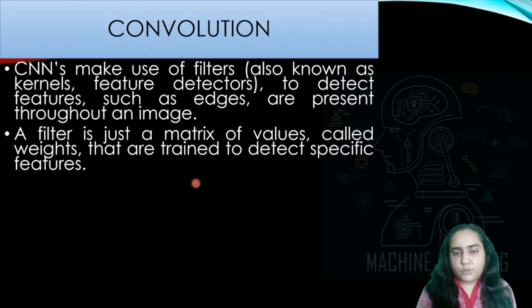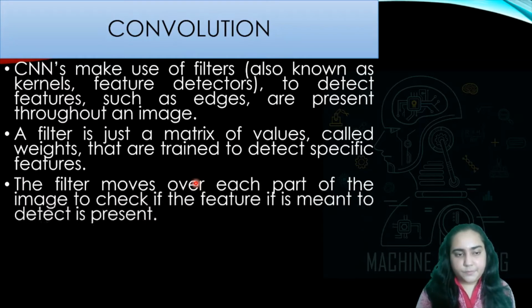If you wanted to search for something else, like maybe a color drop, like there's a whole region of black color, which then automatically just converts into some other color. So the filter moves over each part of the image to check if the feature it is meant to detect is present or not. Okay.